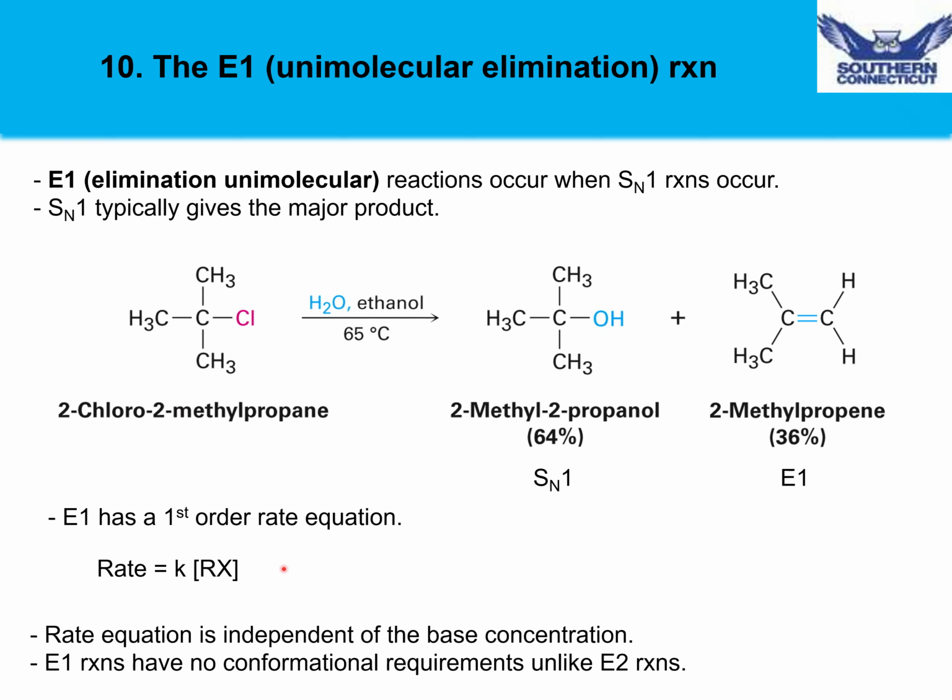It doesn't matter how much base we use, it doesn't change the rate very much. So one other thing to note about E1 reactions is that they have no conformational requirement, unlike the E2. E2 reactions require the anti-periplanar geometry in the reactant. We don't need to worry about that for E1 reactions.